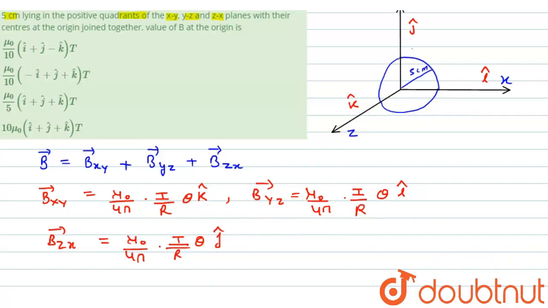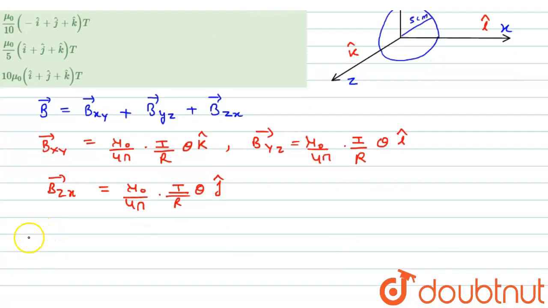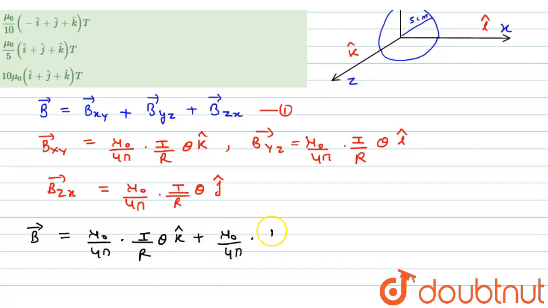So we can put the values in this equation. B will be equal to mu naught by 4 pi, I upon r, theta, k cap, plus mu naught upon 4 pi, I by r, theta, i cap, plus mu naught upon 4 pi, I upon r, theta, j cap.